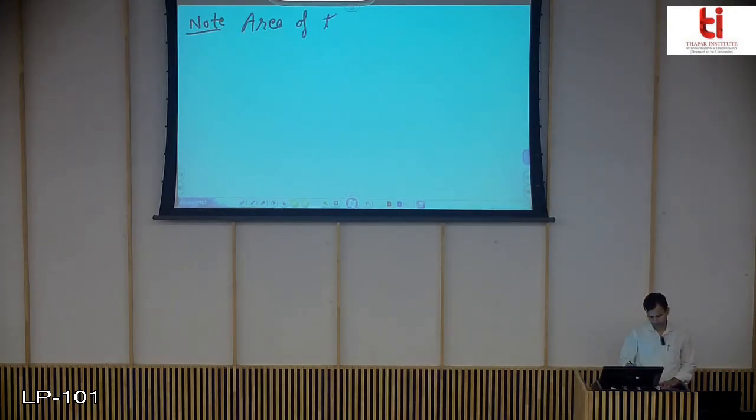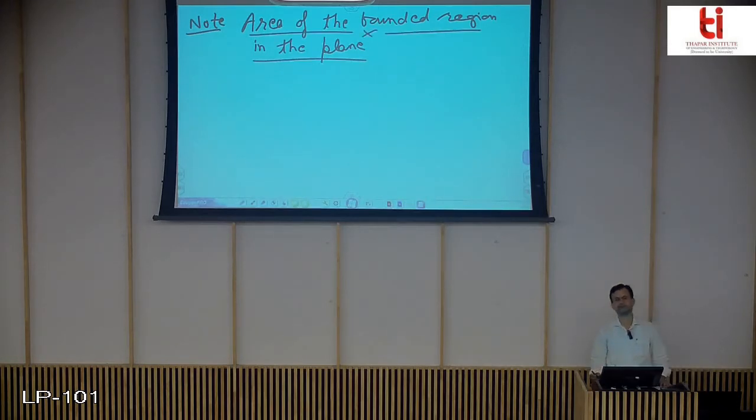next is the area of the bounded region in the plane. That is, if we have to find the area of the bounded region in the plane, whatever region we are saying, that is in the xy plane, then we can also find it using the double integral.